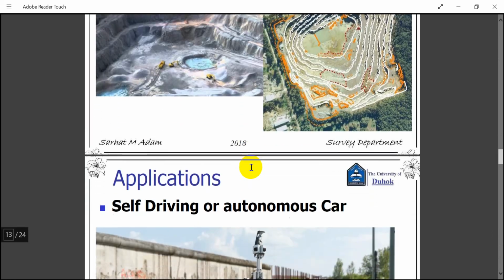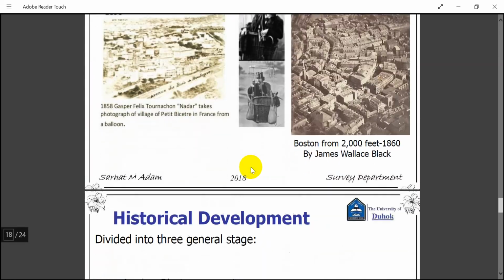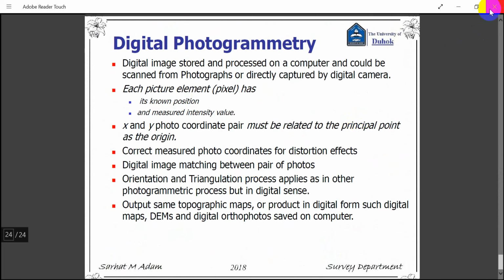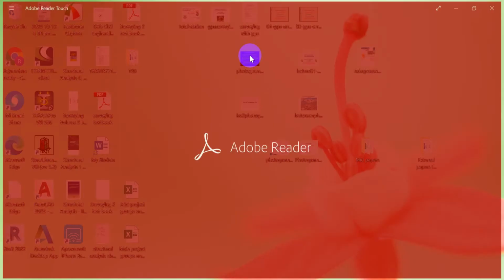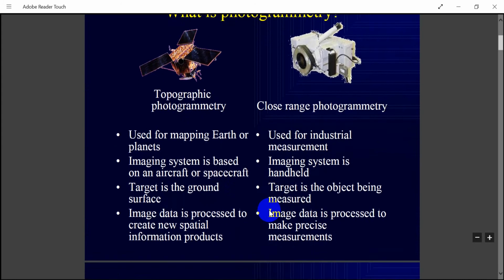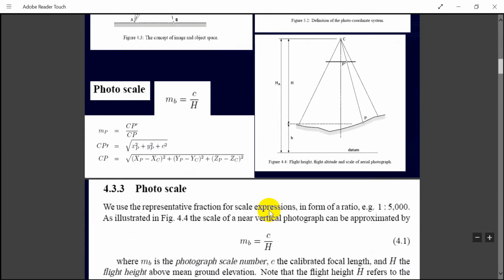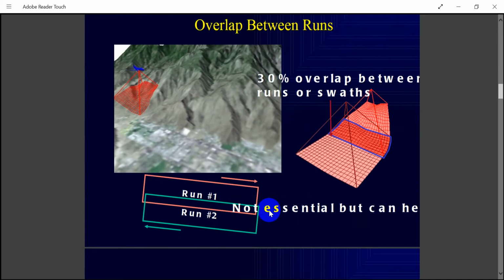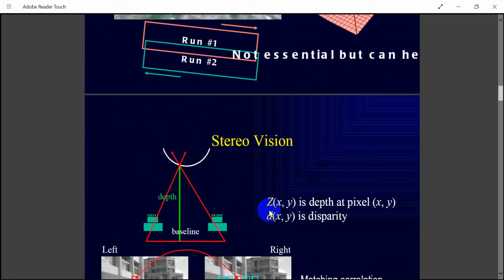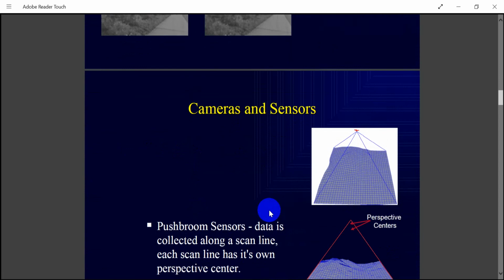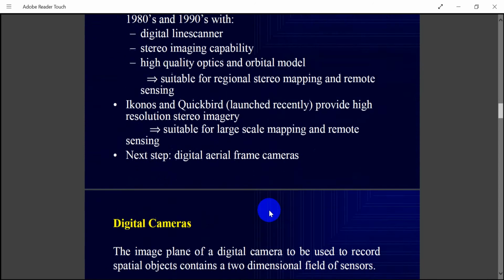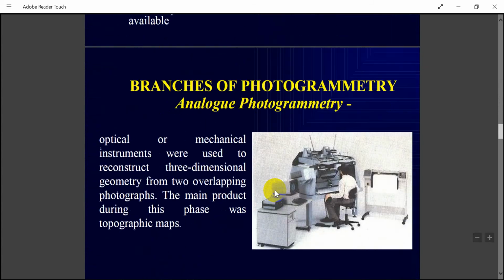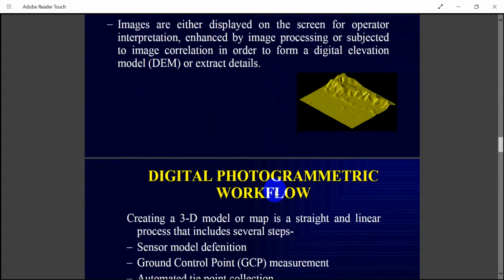It's all three-dimensional modeling. This is very advanced digital photogrammetry. In this, any photographs we will get. Overlapping, 30% overlap, stereo vision, camera sensor, stereo satellite images. He only focuses on satellite images.